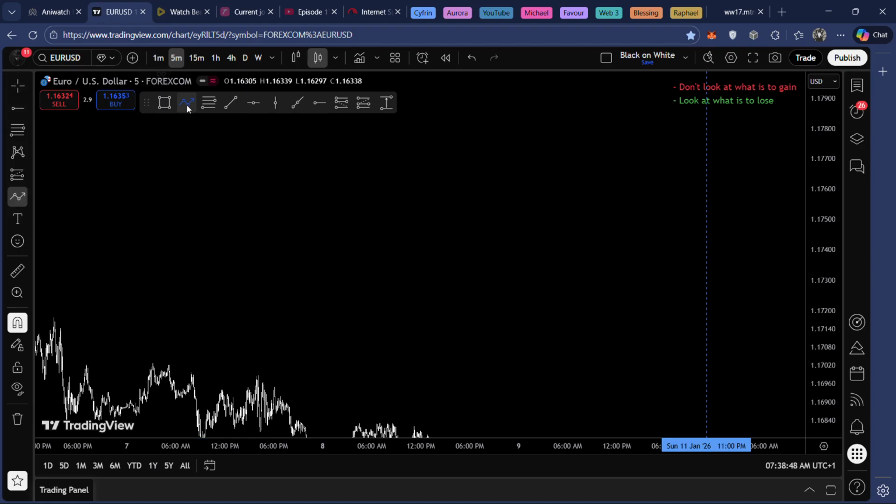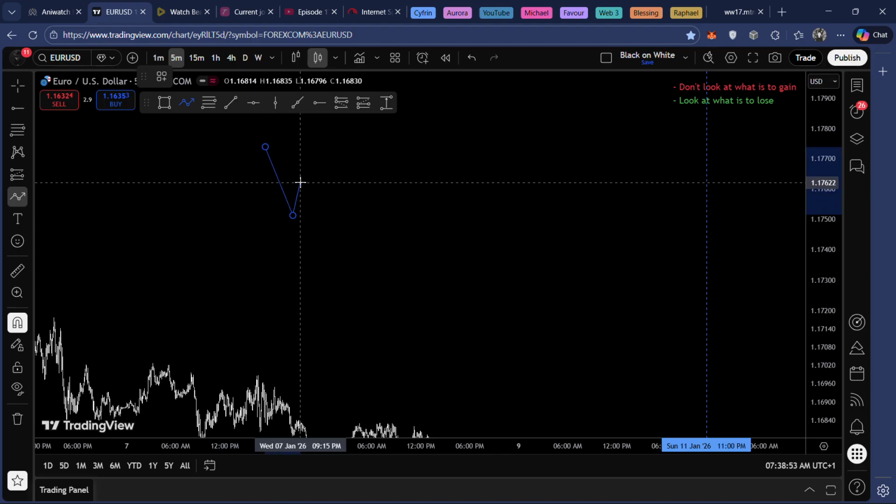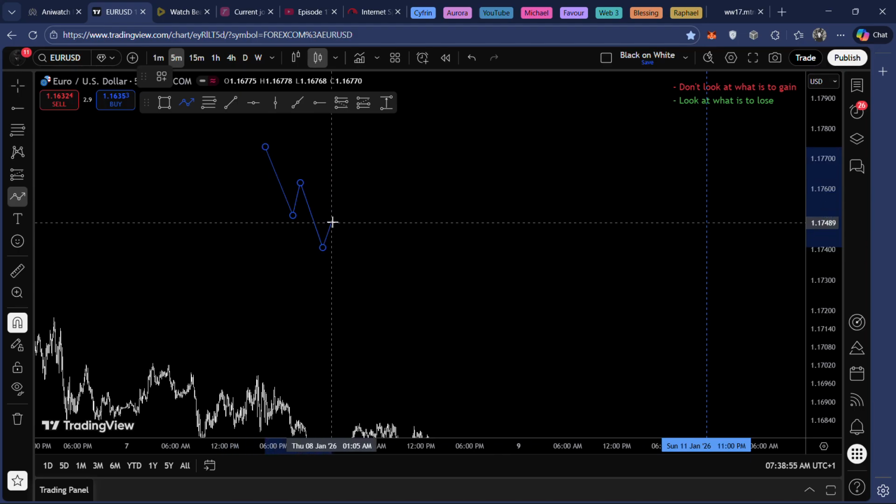For the reversal from downtrend to uptrend, let's say price was coming like this. There'll be an order block here.